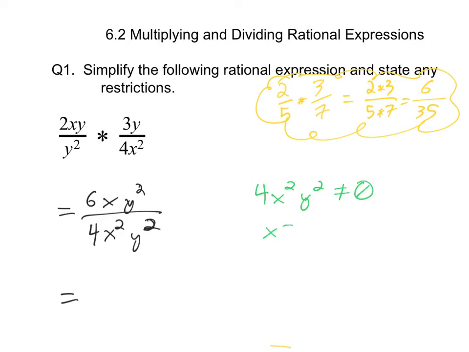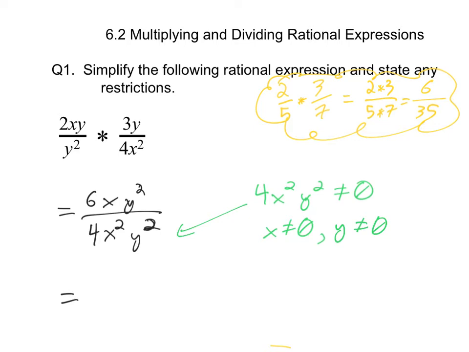If x were equal to 0, our denominator would be equal to 0. And if y was equal to 0, we would have the same issue with division by 0.